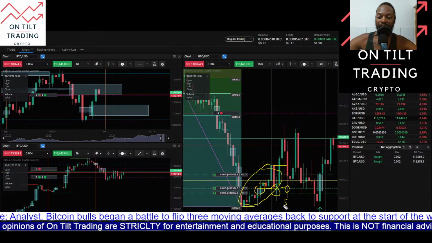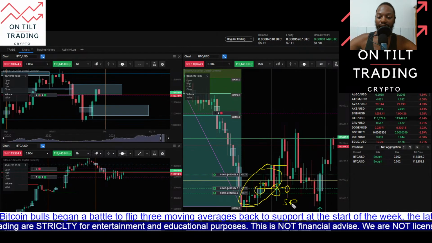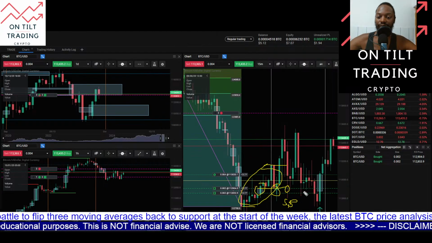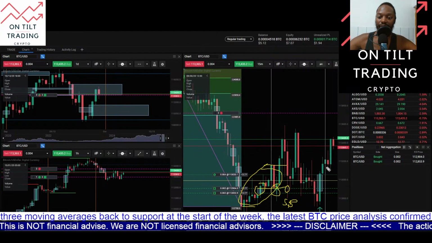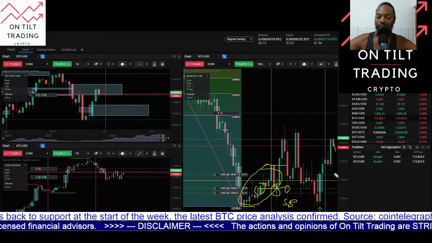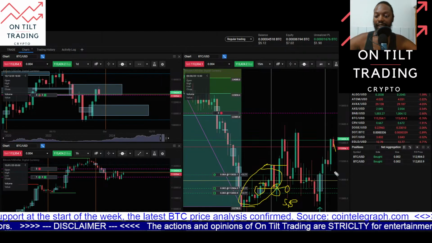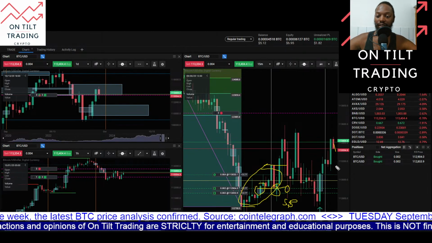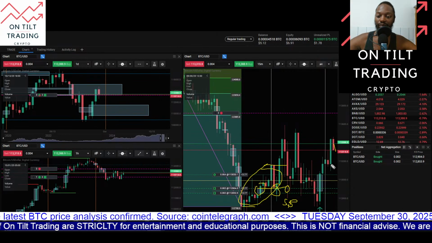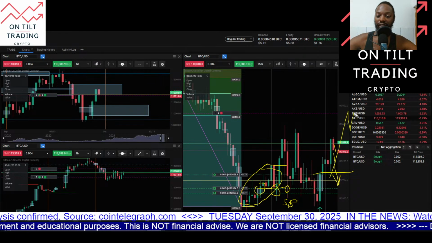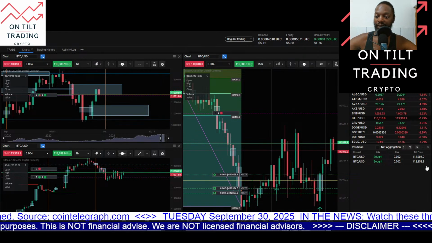This is the New York AM Silver Bullet trading window right here. And then I was looking for a potential pullback here. Excuse me. Now we are in the New York PM Silver Bullet trading window. So I was looking for a potential pullback into this fair value gap for some buy side delivery.